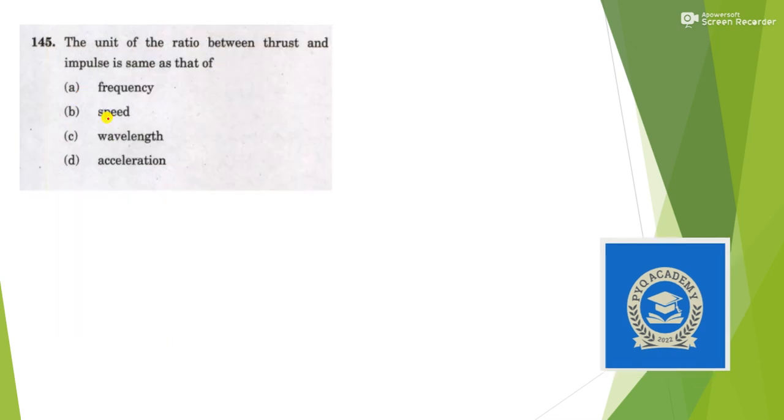Next question is, the unit of the ratio between thrust and impulse is same as that of, okay, thrust. Earlier I said that thrust is nothing but force. So let's make force by impulse.